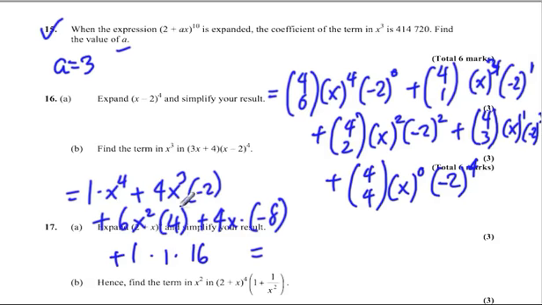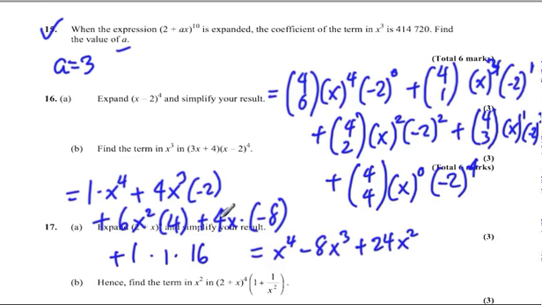So what this is equal to is x to the power of 4 plus, now this is 4 times negative 2, so it's negative 8. So maybe I should just erase that, right? Negative 8. So it's negative 8x cubed. This one is 6 times 4, so that's plus 24x squared.